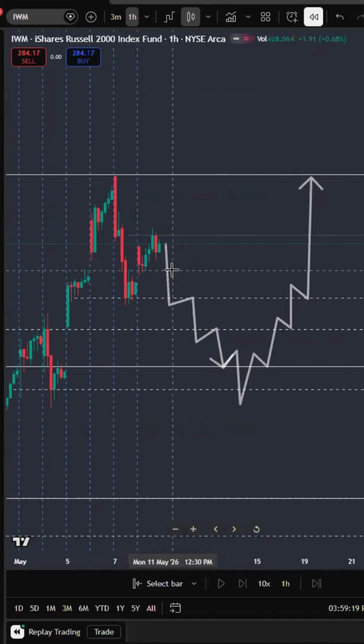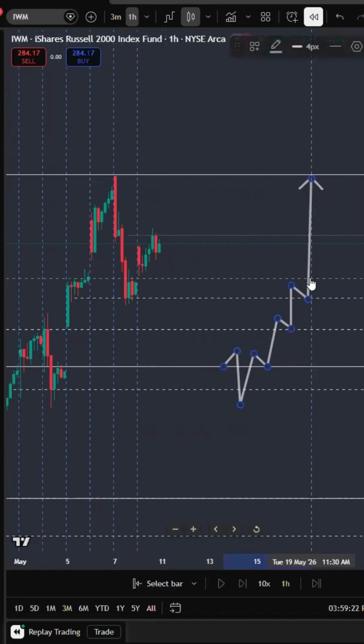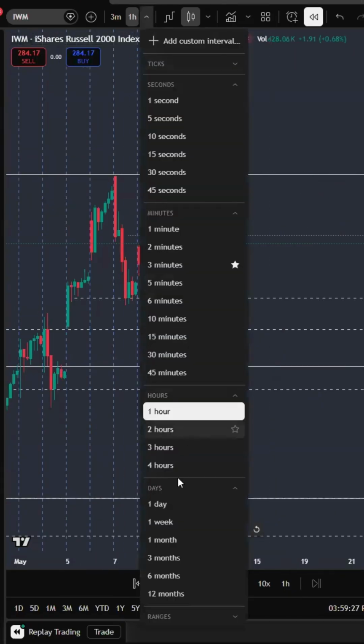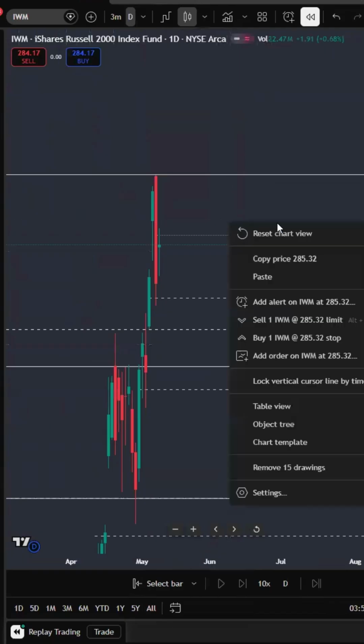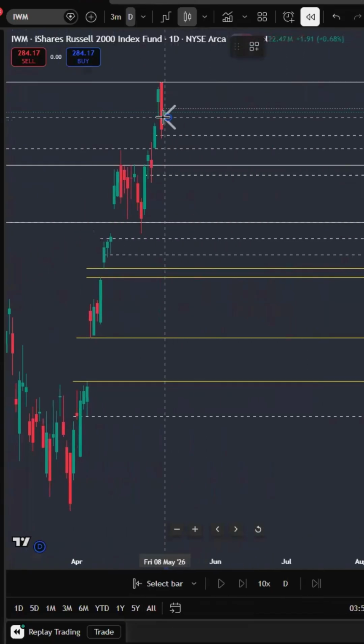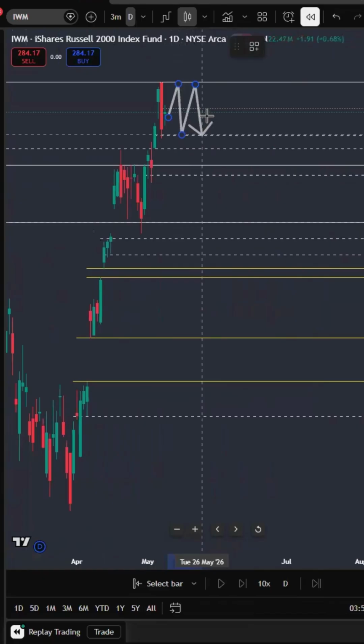Now, whenever there is a new all-time high, something we might be looking for, if I go back to the daily chart, might be any bouts of consolidation below the all-time high. The more consolidation, the stronger this level becomes at the all-time high.